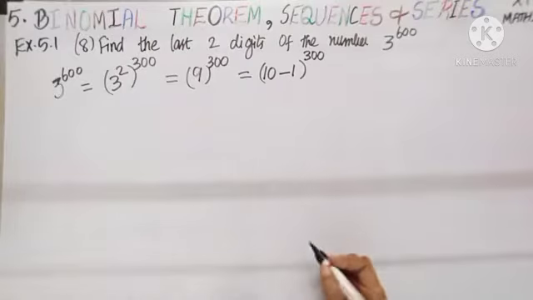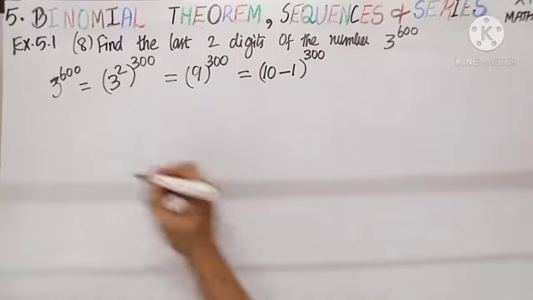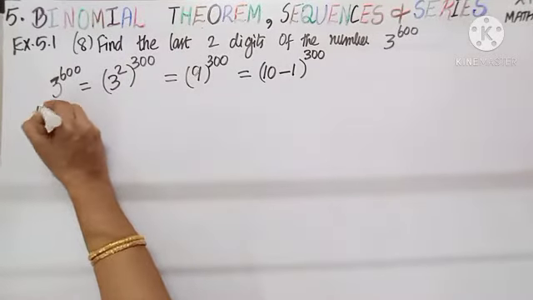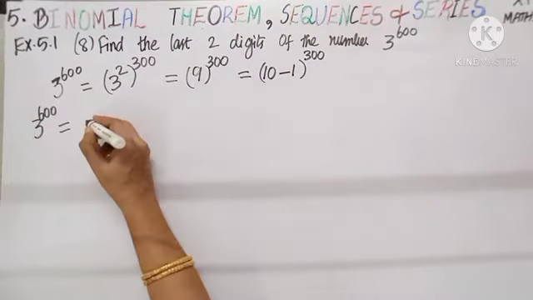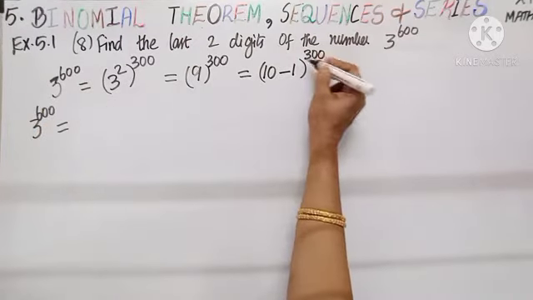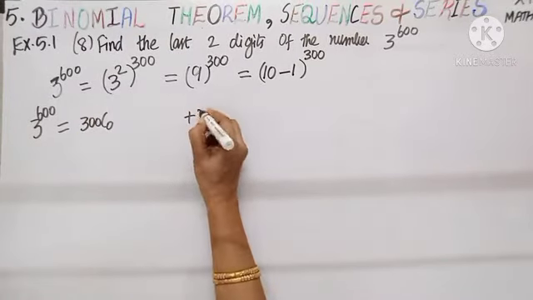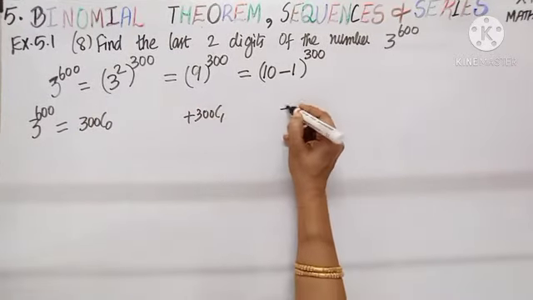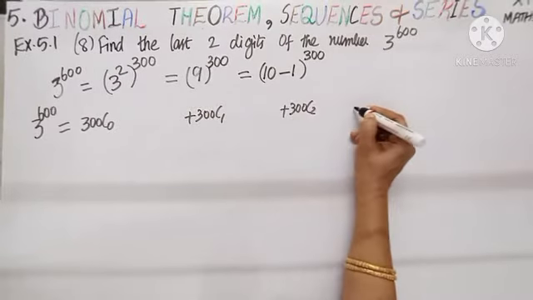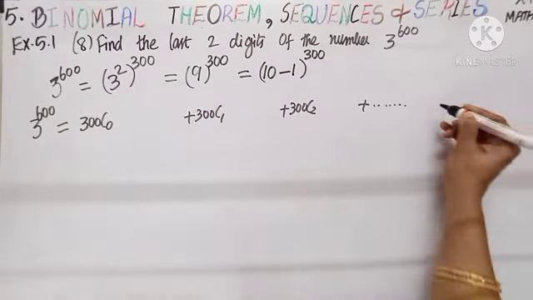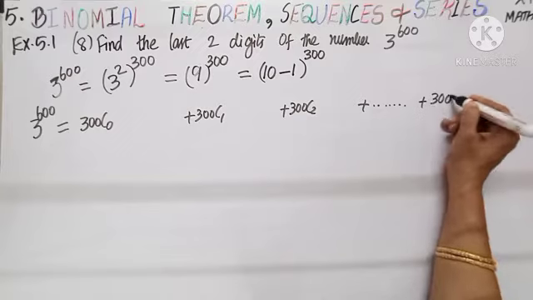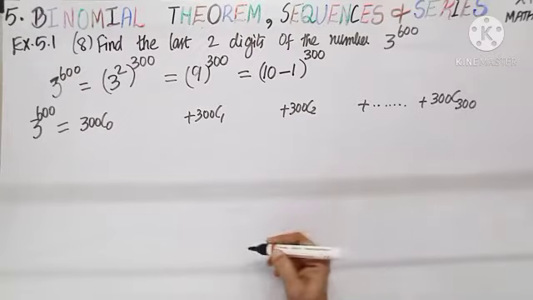Now it is a binomial expansion. How shall I write it? 10 minus 1, I will write the power is 300. So 300C0, 300C1, 300C2 and so on. The last term 300C300.